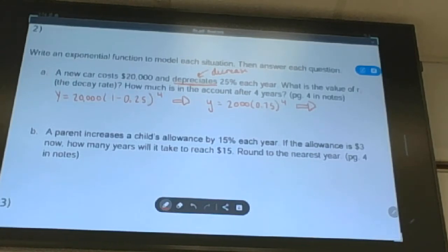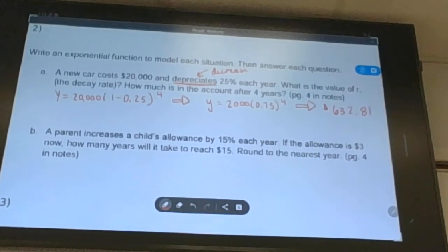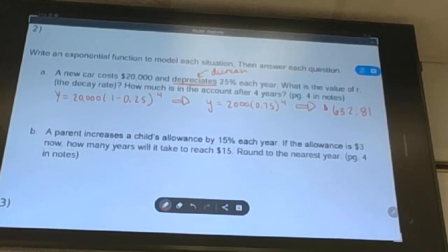That went down so much I'm questioning it, but that's approximately $500, 25%. So this car after 4 years is only worth $600. And if you had a loan on it, oh, maybe that's why. Oh, I did 2,000. I thought it went down too far.